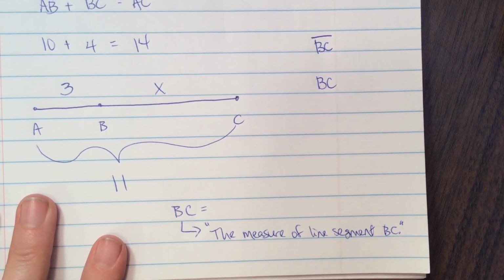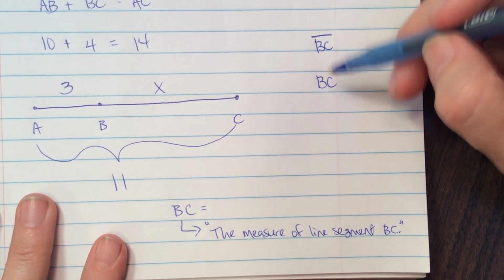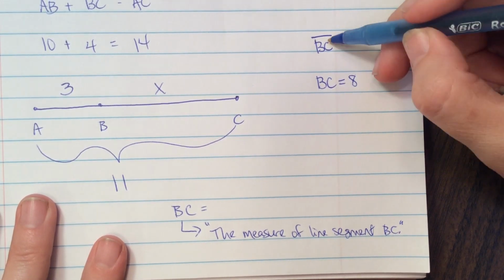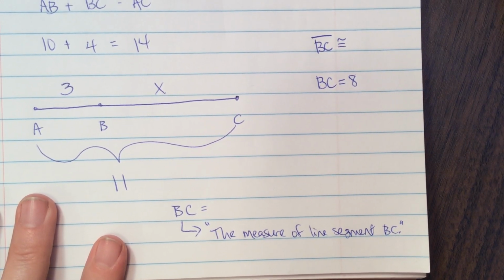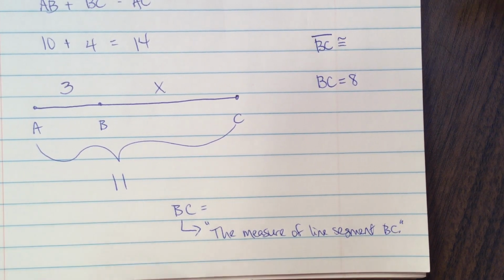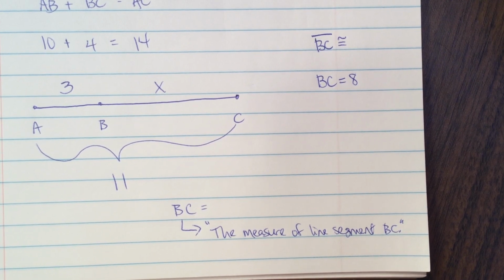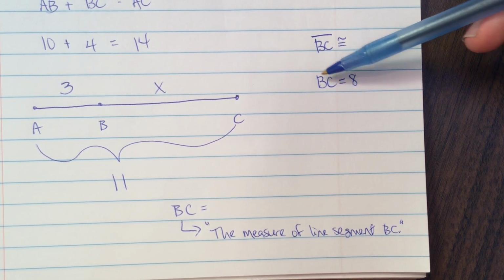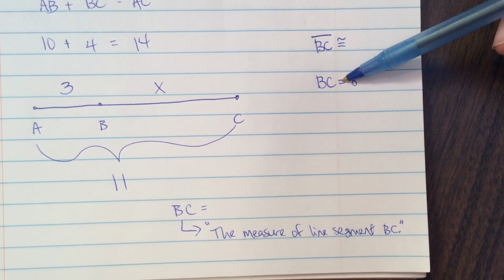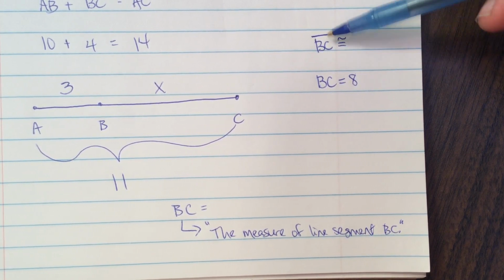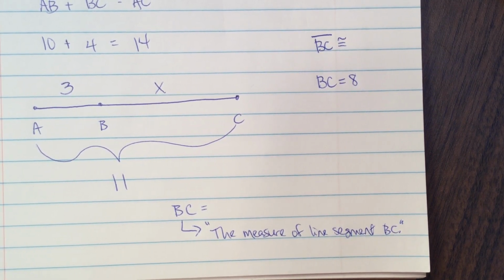The measure of line segment BC. This is going to be a number. The line-over version would be a congruent statement, used in some type of geometric statement. I can't use it to say equals 8. I would only be able to use the measure to say equals a number. So they actually are two completely different things.